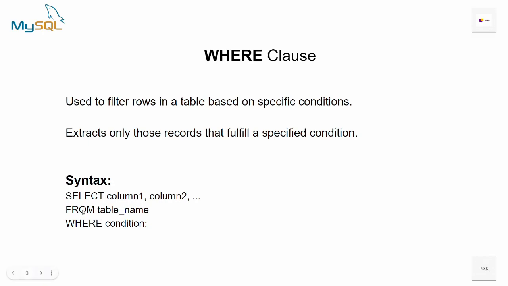You have from, you specify the table name, then you have the where clause. After the where clause, you have the condition. Let's head over to the command line client and see some examples.